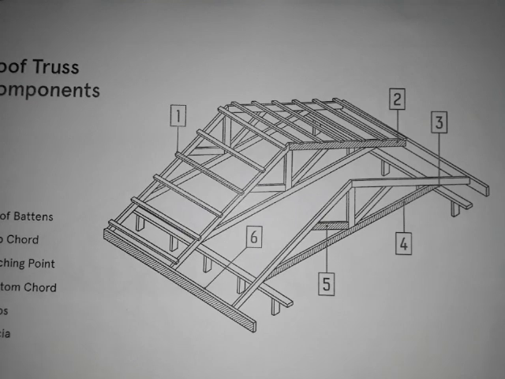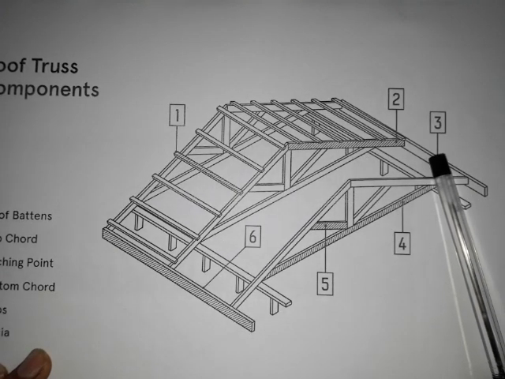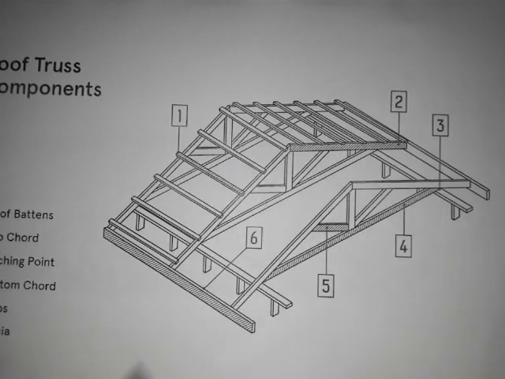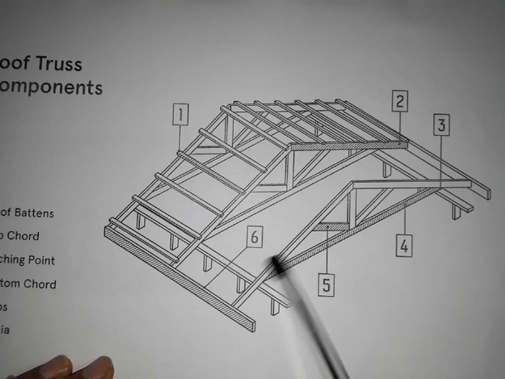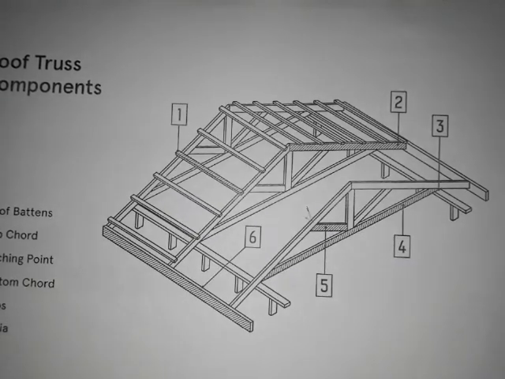The main purpose of designing a roof truss is that it has to behave as a single unit, a single element or object, to carry or support whatever load acts over it, safely over a span.